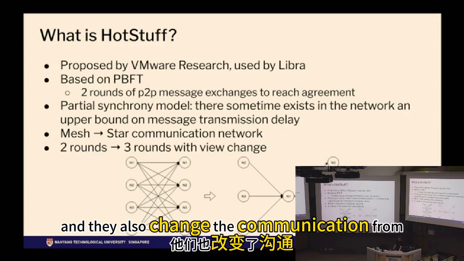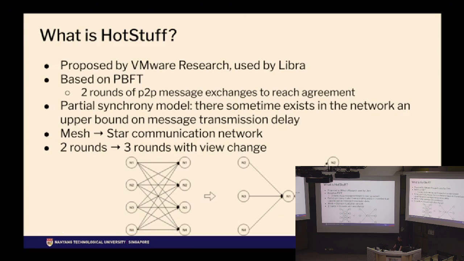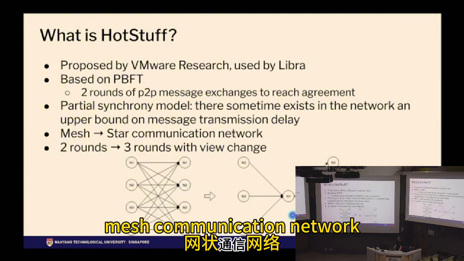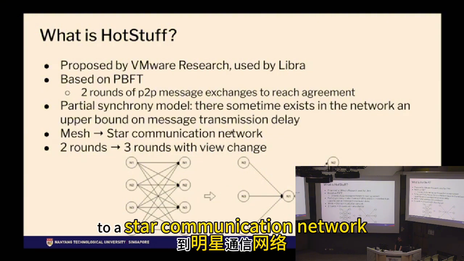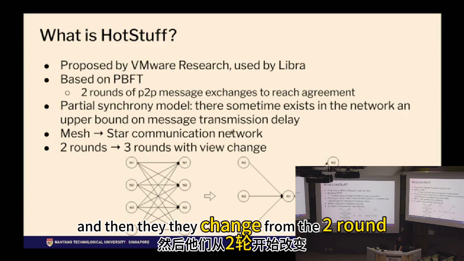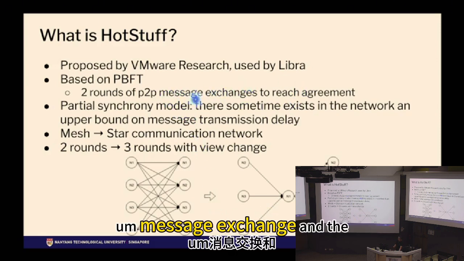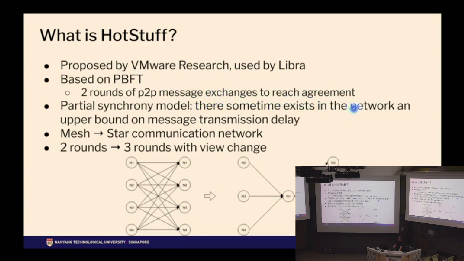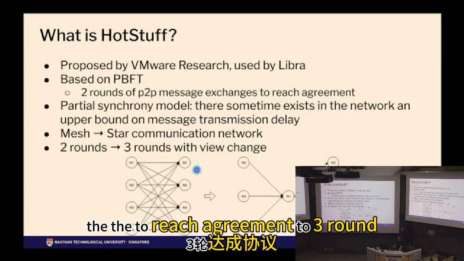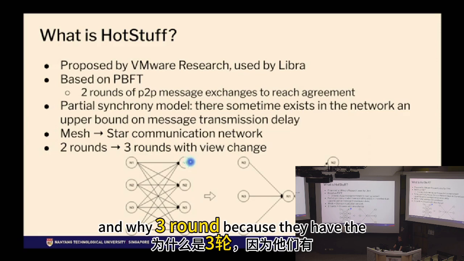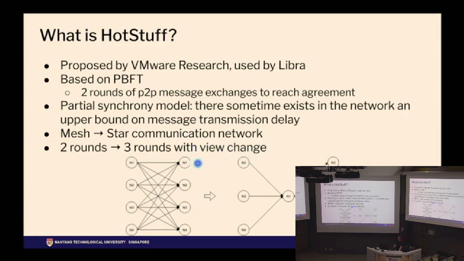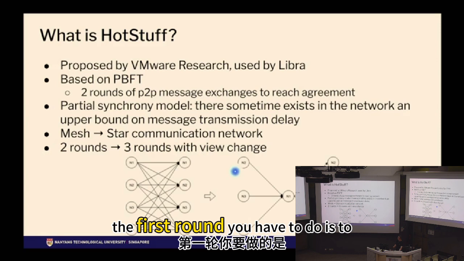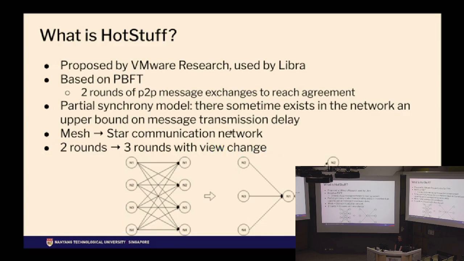They also change the communication from the typical PBFT mesh communication network to a star communication network. And then they change from the 2-round message exchange to reach agreement to 3 rounds. Why 3 rounds? Because the first round is a view change.